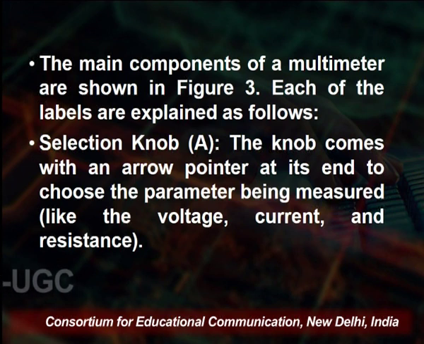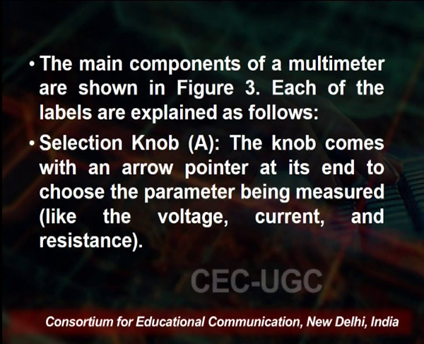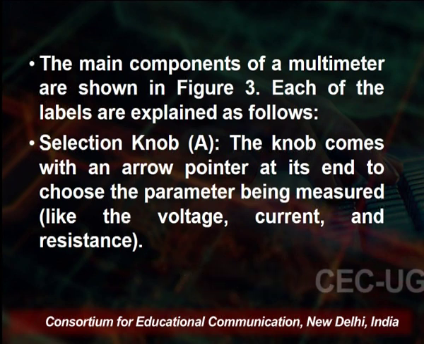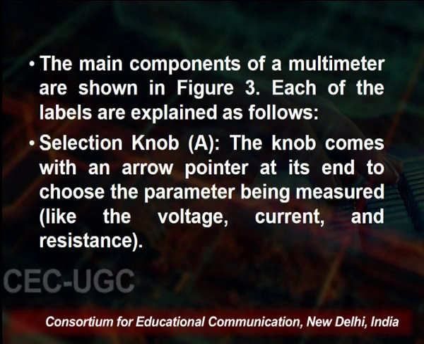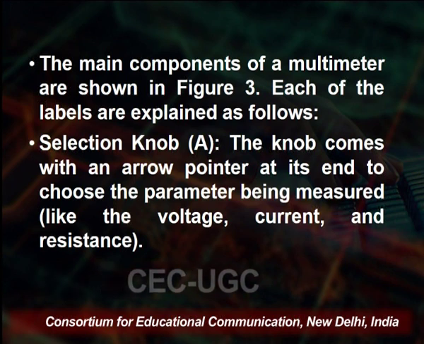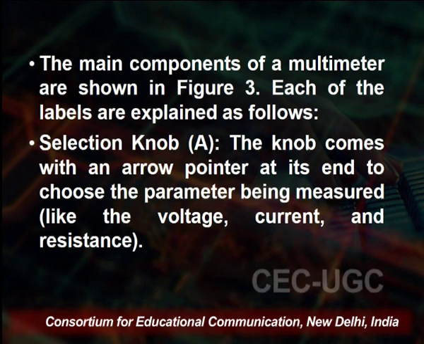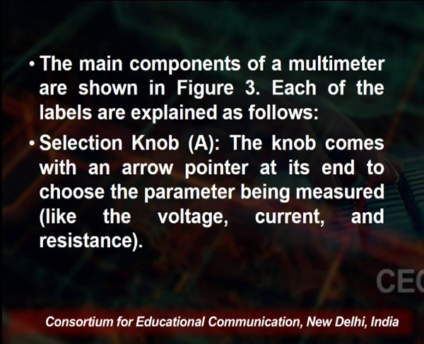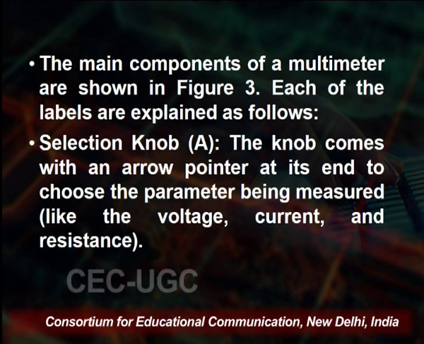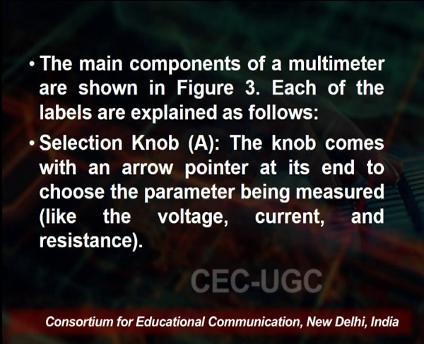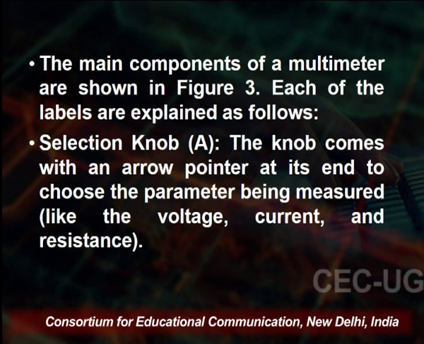First is the selection knob. The knob comes with an arrow pointer, and it has two ends with metal, and after that there is a plastic coverage. By choosing the parameter, we can put it at voltage, at current, or at resistance.